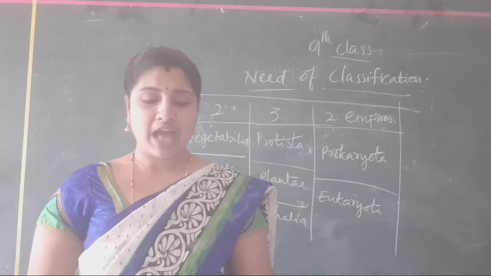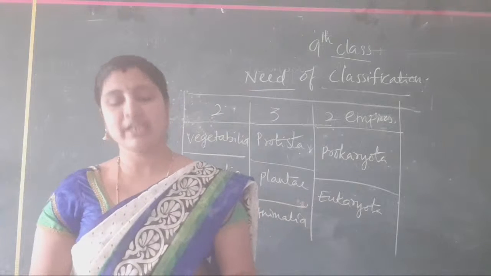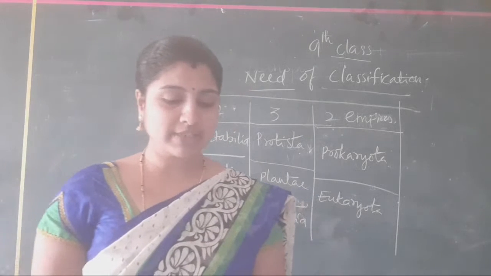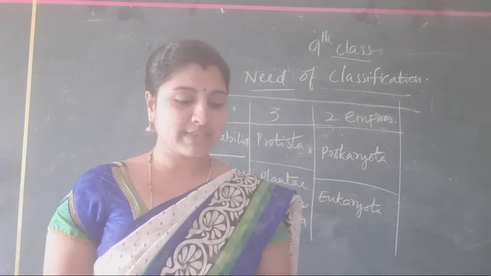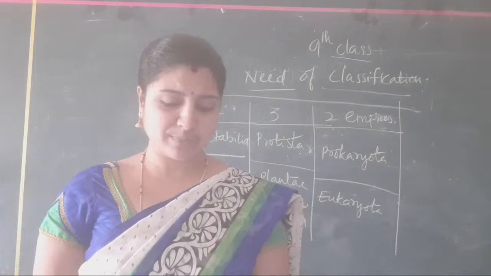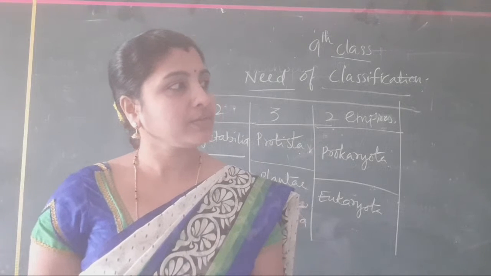Next, another scientist came, Copeland. He divided into 4 kingdoms. What are they? Monera, Protoctista, Plantae, Animalia. And the next scientist, in the page number you see, Whittaker.